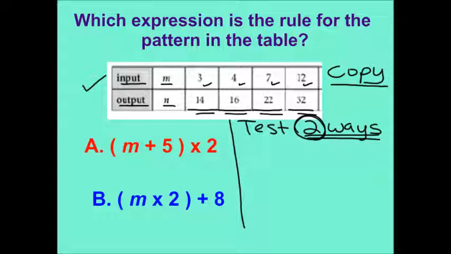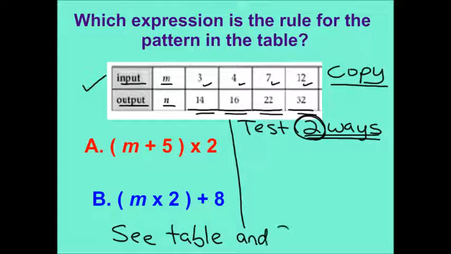Tomorrow in your notebook, I want to see the table and 2 tests for each. That means plug in your m in 2 different spots, whether you plug in 3 and then 4, or 4 and 7, whichever is your choice. Test them both in 2 spots to see which one is correct.